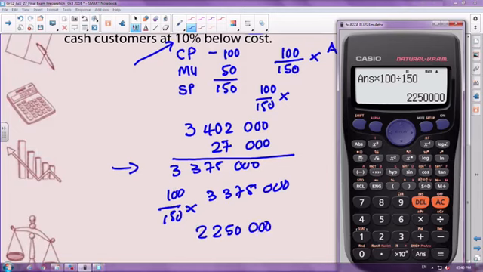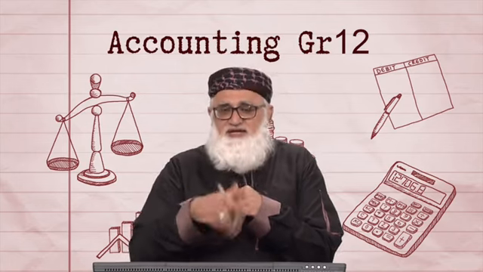Okay, so the 2,250,000 would be the cost price of that sale there. Okay, now, does that conclude the question? Certainly not, because there's a component that we still have to calculate. And in order for you to know how to calculate that component, you have to stay with me, because I'm going to take a break, and as soon as we come back, we're going to do the second part of that calculation. See you just now.